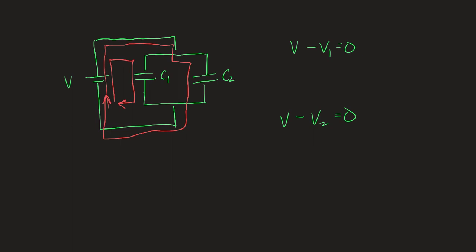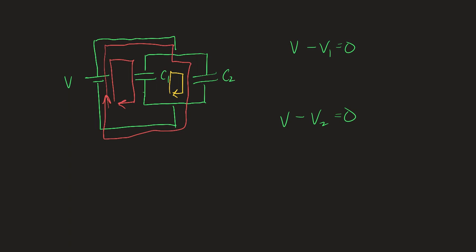I have to use more than one loop because I need to make sure I encompass each of the circuit elements. There's a third loop you could use as well. This loop makes less sense to me. It still might have its usefulness, but in this loop we don't actually encompass the power supply.